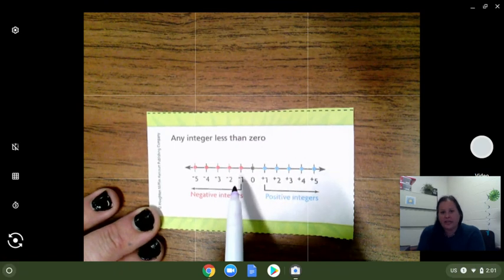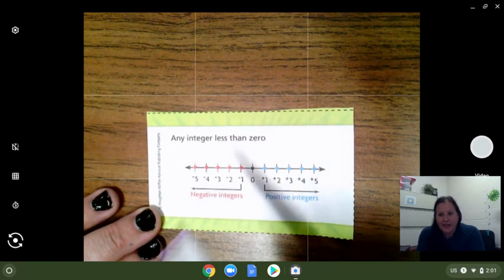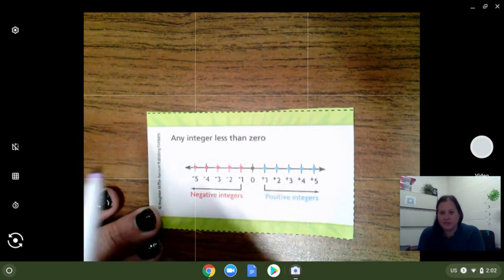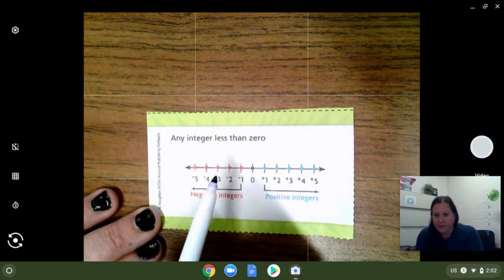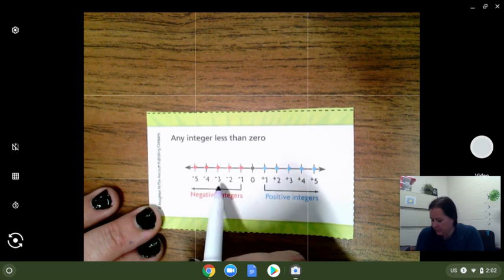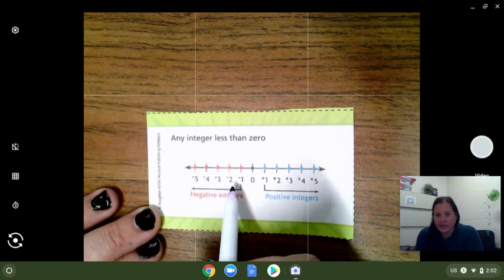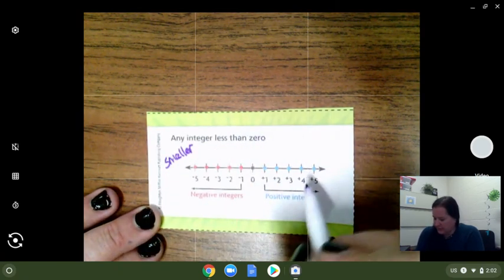So the bigger the negative number, the deeper you're going or the further negative you're going. So when you work with what is greater than another number, you really have to think about this number line when you're thinking about negative numbers, because usually 3 is greater than 2. But when you're talking about negatives, negative 2 is greater than a negative 3. These are the smaller numbers. These are the larger ones.